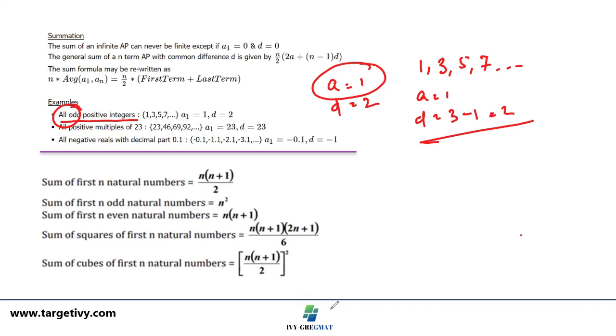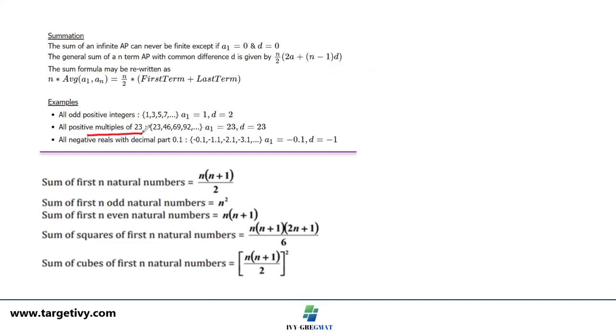I may come across a question with all the multiples of 23, 5, 6, 10, 11. So obviously a will become, say if it is 23, the difference will also become 23, because if I multiply 23 by 2, by 3, the difference will always be 23. Similarly, say it comes as all positive multiples of 5.